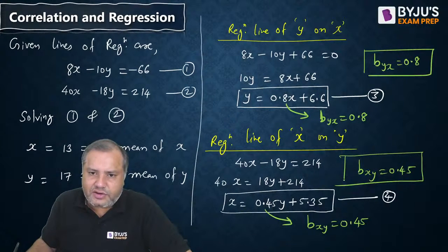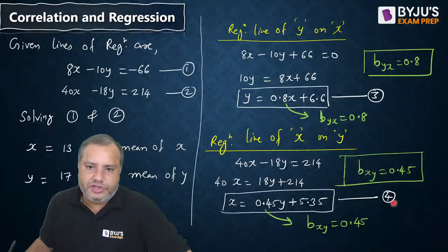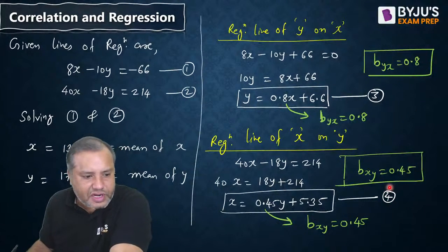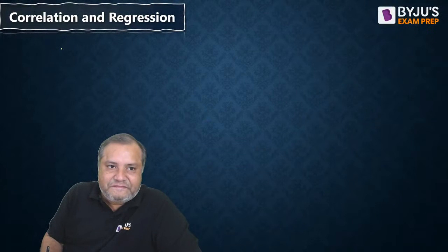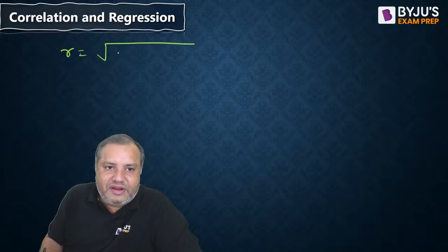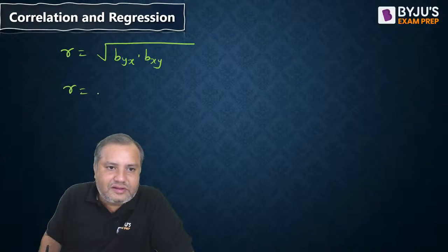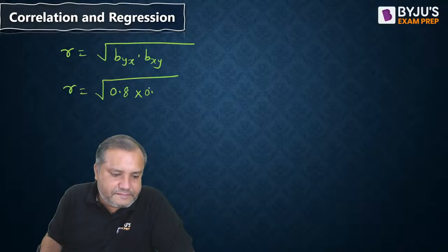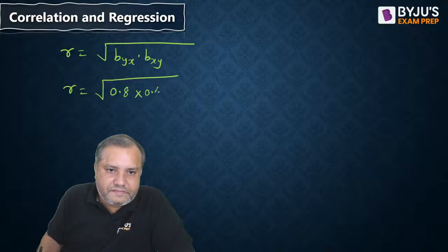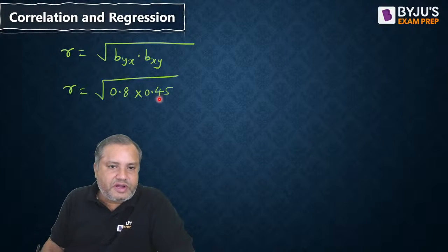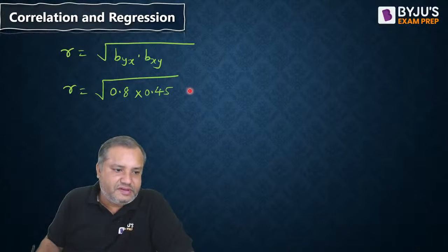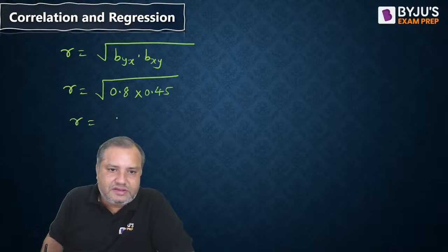And in your school days you learned that r is the geometric mean of byx and bxy. So r is the square root of 0.8 into 0.45, and this will be 0.6.